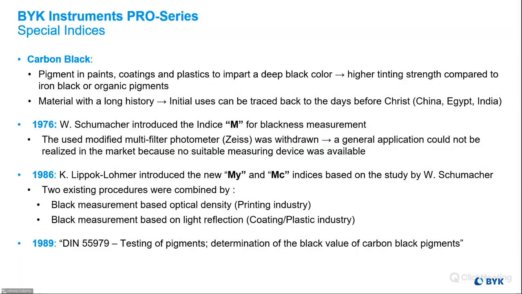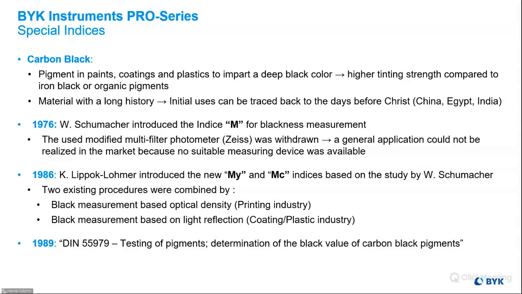At that time, there were no suitable instruments available, so the M was not widely used. 10 years later, Mrs. Lipogloma introduced MY and MC, and they are still used today.